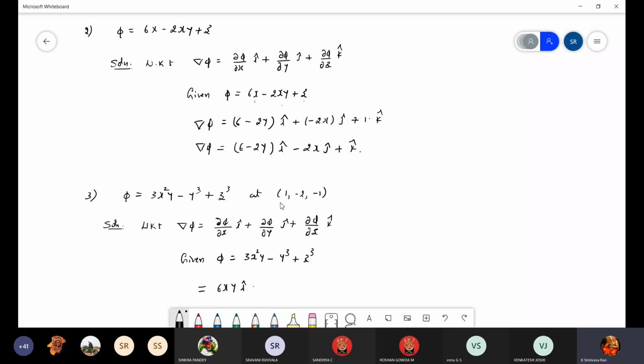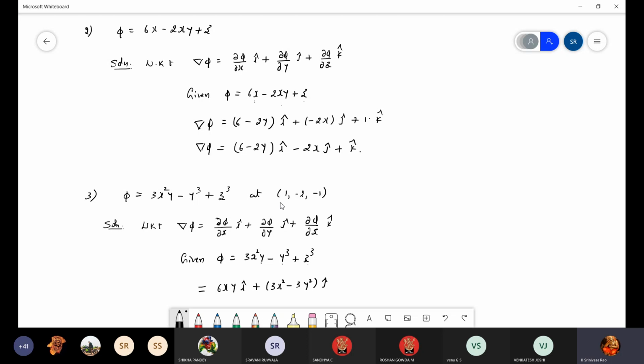Now with respect to y, I will write plus only. With respect to y, the first term's differentiation is 1, so you will get 3x square, minus the second term y cube, whose differentiation is 3y square, and the third term is 0. So this is into j cap.